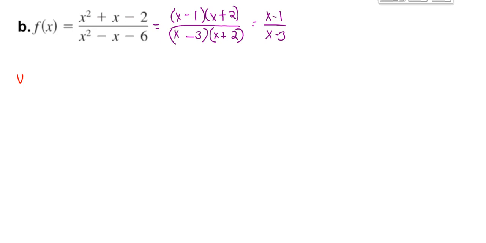The notes say they have to be in reduced form to find the vertical asymptotes. So we know the denominator has to equal 0, so x minus 3 equals 0. We get a vertical asymptote at x equals 3.